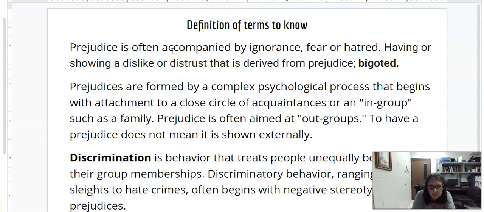This is where discrimination comes in. Discrimination is behavior, the actual behavior that treats people unequally or inequitably because of their group memberships. It can range from slights, meaning microaggressions or things like that, to hate crimes. It usually begins with negative stereotypes and prejudice.